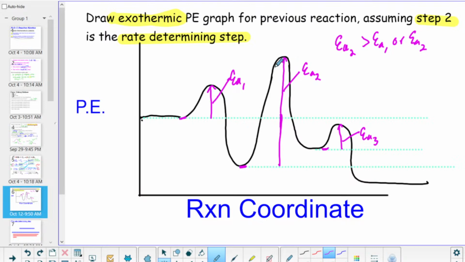Question? I thought you went like that. How do you know how deep the curve is? If you were given the numbers, like this activation energy is 20 kilojoules, this one's 50, and that one's 25, and it starts at, I don't know, 80 kilojoules, then you could do it. But for this graph, it's qualitative.